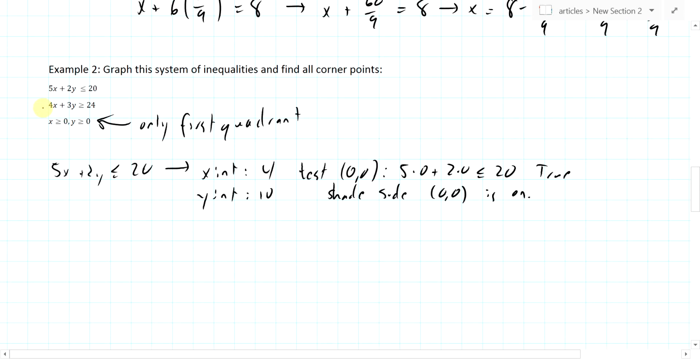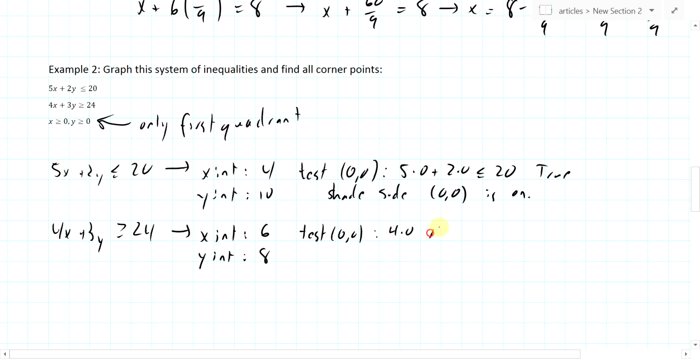4x plus 3y is greater than or equal to 24. To graph that, what do we need? The x-intercept, 24 divided by 4 is 6. The y-intercept, 24 divided by 3 is 8. And our test point to figure out which side we have to shade, plug in 0, 0. So 4 times 0 plus 3 times 0 greater than or equal to 24, sorry.